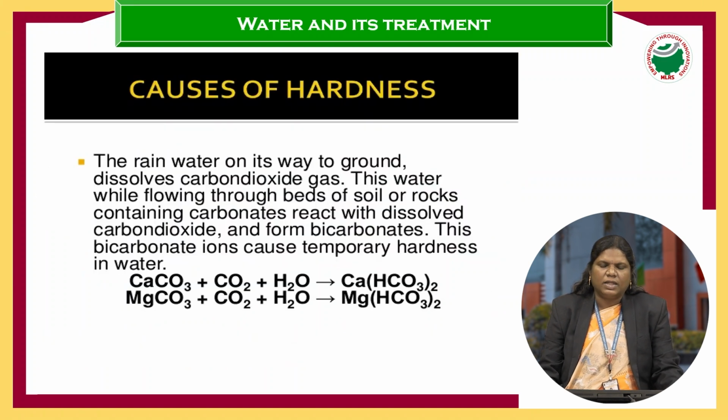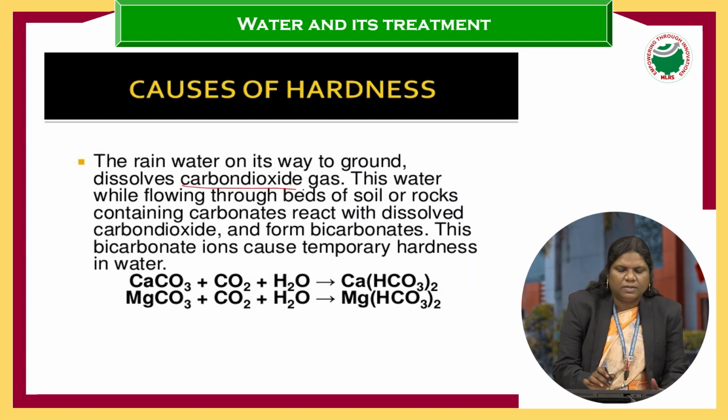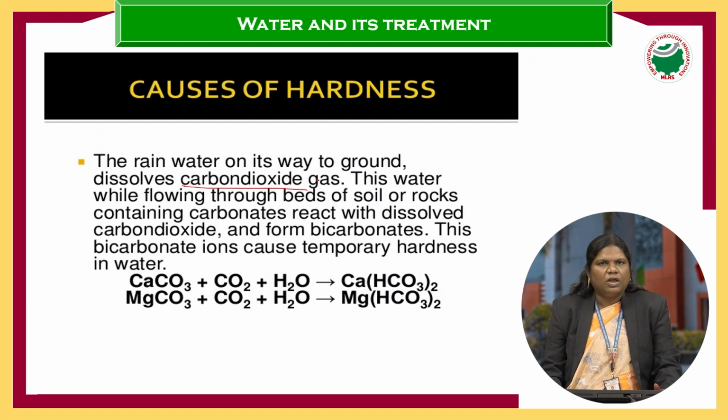Next, causes of hardness. Why does the water get hardness? How do these salts come to be present in the water? How do they get mixed up with the water? Where do we get water? Primarily from the rain. When rainwater is coming onto the ground, it dissolves carbon dioxide gas. A little amount of carbon dioxide gas is present in the atmosphere.